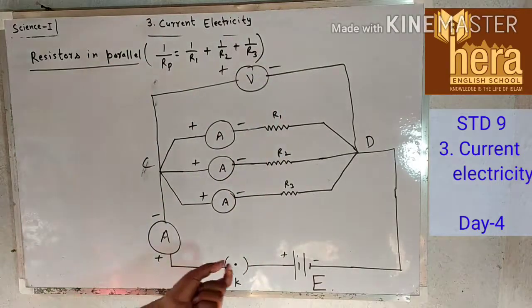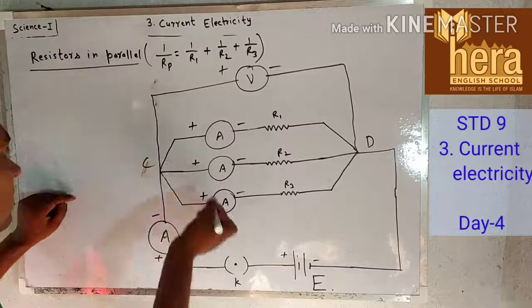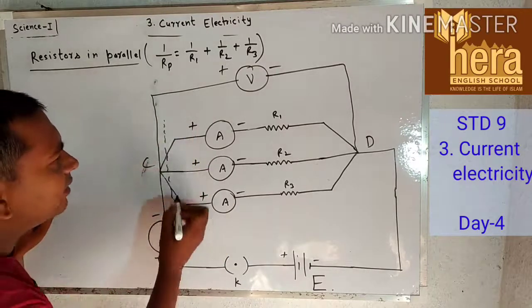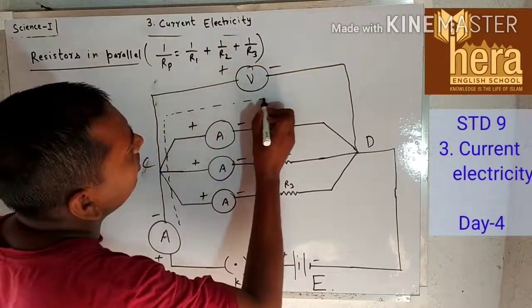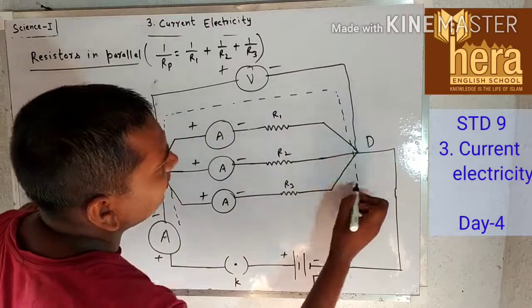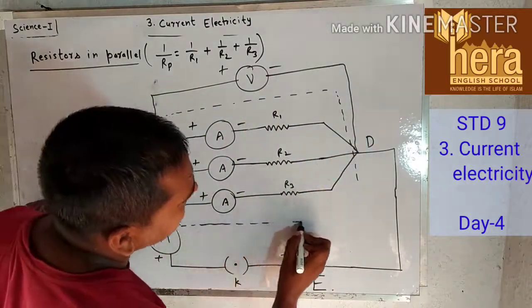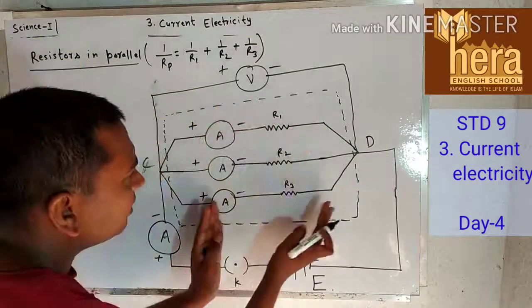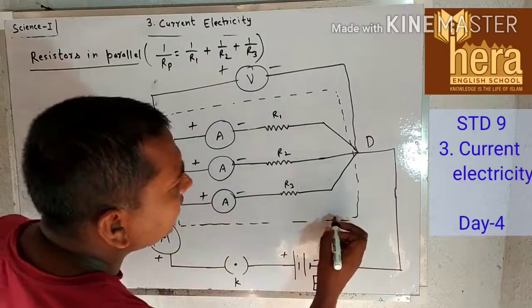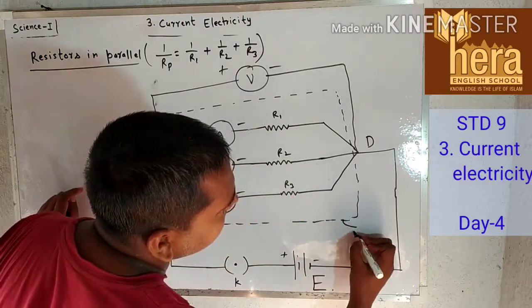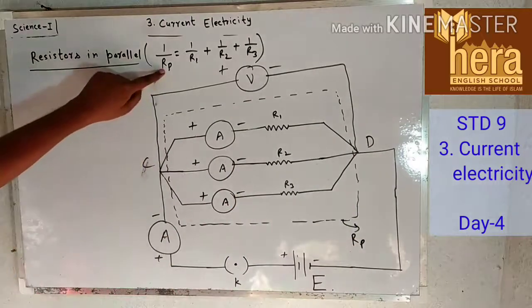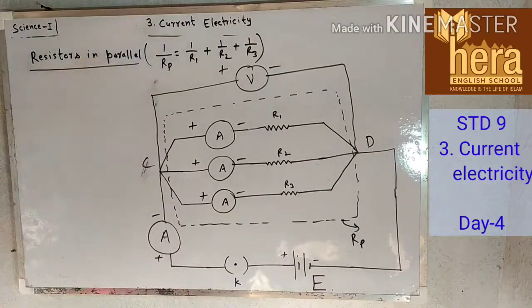Understood? Say this is the total resistance between points C and D. Say this is Rp. Rp is the total resistance. Okay.